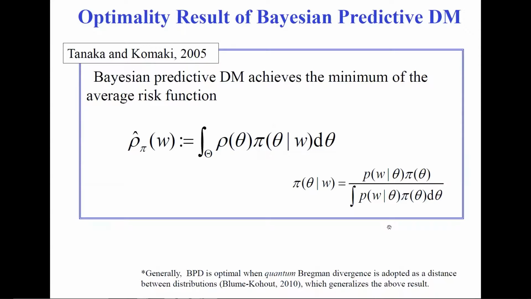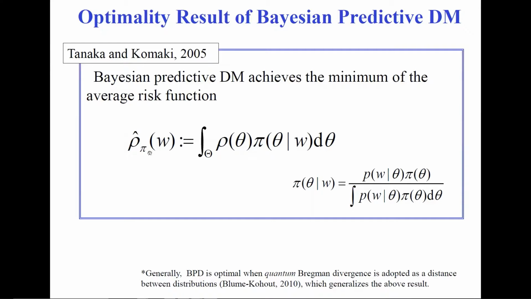Okay, now finally we arrive at the optimality result in quantum state tomography. According to Tanaka and Komaki, 2005, the Bayesian predictive density matrix achieves the minimum of the average risk function. Here, the Bayesian predictive density matrix is given by the following formula.